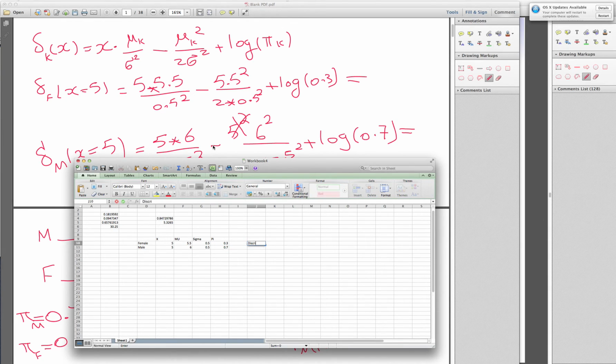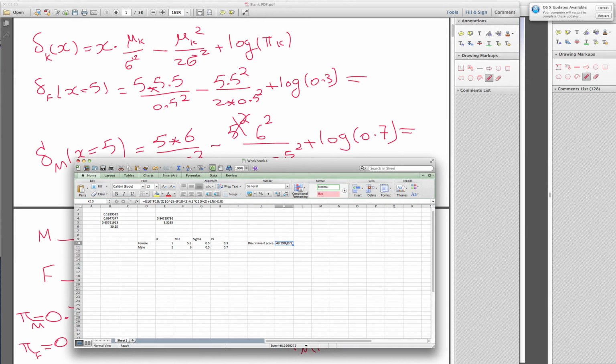So the discriminant score is basically equal to x times mu divided by sigma squared, minus mu squared divided by 2 times sigma squared, plus ln of pi.